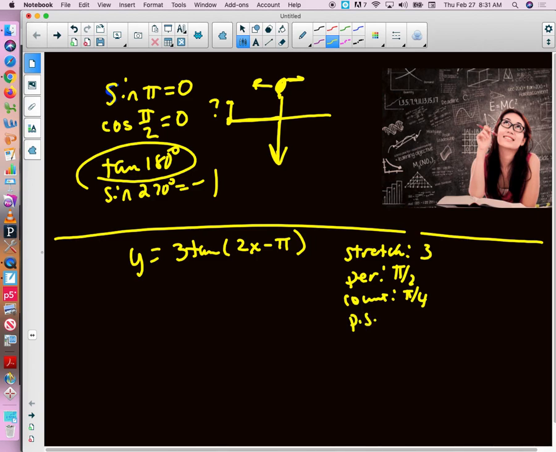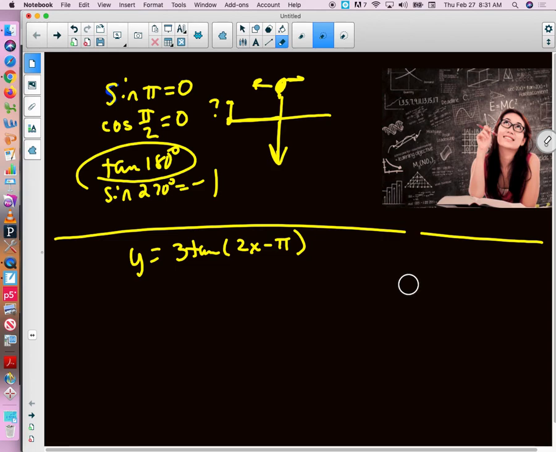And the phase shift is pi over 2. And in fact, I want to change this a little bit. Sorry, I don't want the phase shift to be the same as the period. Let's say this is minus pi over 3. Okay, so it has a stretch of 3, period of pi over 2.